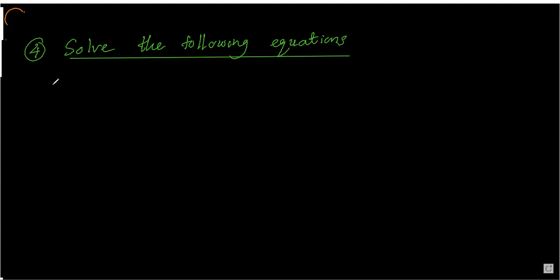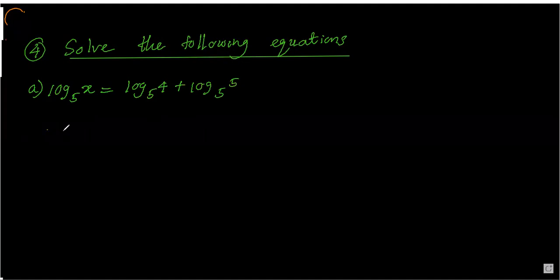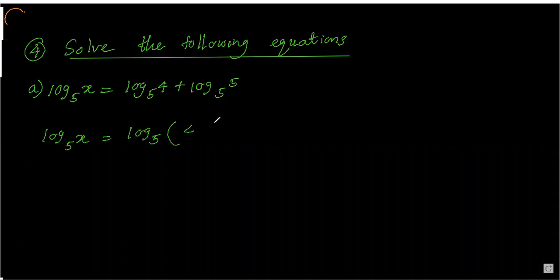A: log 5 base x equals log 5 base 4 plus log 5 base 5. Right, here log 5 base x equals log 5 of 4 into 5. Log 5, log 5, simplify. X remaining. X equals 4 times 5, 20.